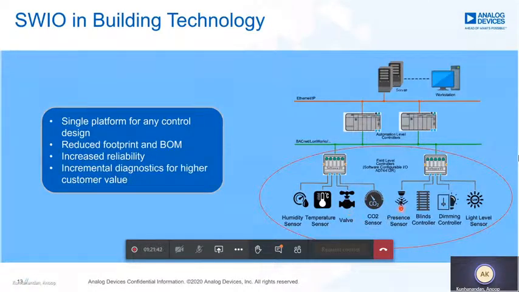And you will never know how many sensors you need in a room or in a building, because today you might have only one humidity sensor or one temperature sensor. Tomorrow the customer might ask you to add one more sensor. It could be a humidity sensor or it could be an ambient light sensor.